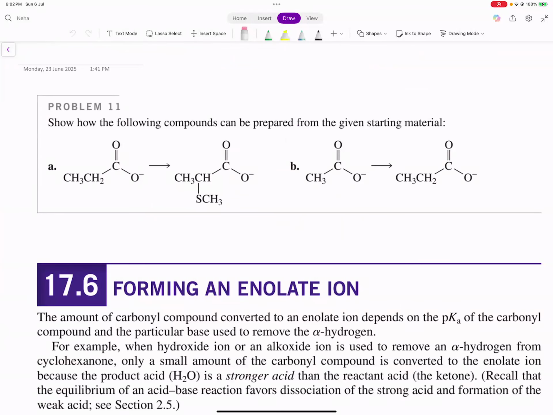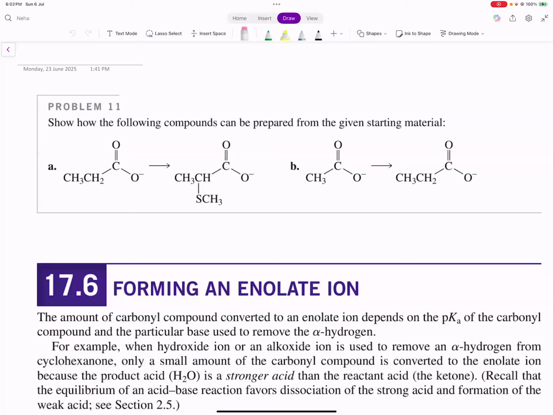So you have to show how we can prepare the following compound from the starting material. So in the first case, we'll do that alpha halogenation, right? Hell-Volhard-Zelinsky, HVZ.